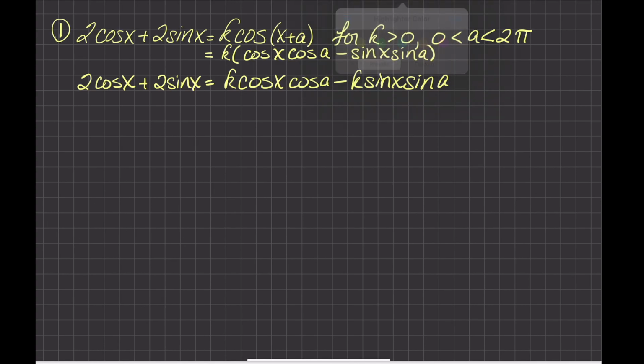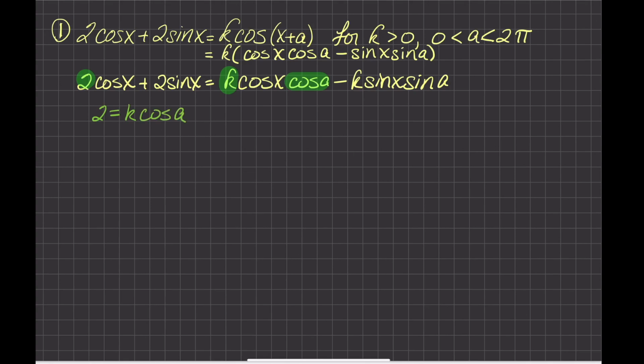We're going to identify that we have an unknown constant on the right-hand side, k and cosine of a, and we're going to match that up with the 2 and write this equation of 2 is equal to k times the cosine of a.